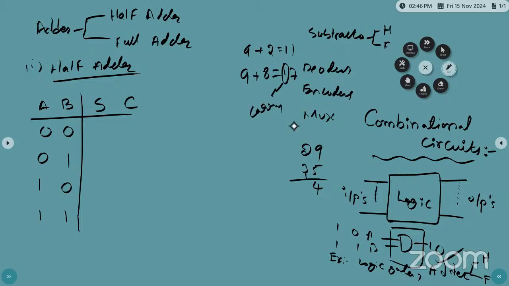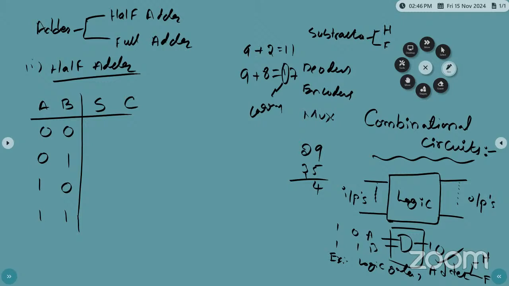When do we get the carry in decimal addition? 4 plus 3, how much? 7 is the sum. 5 plus 4, 9. 5 plus 5, 10.